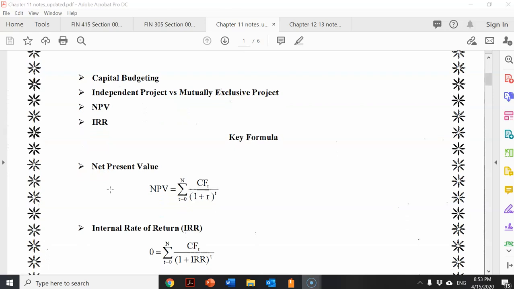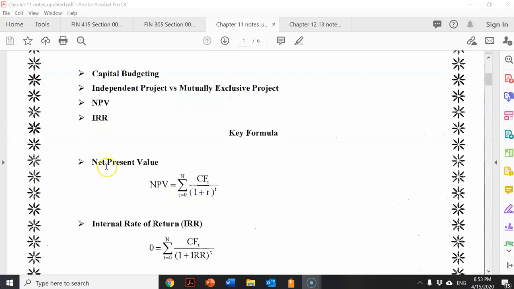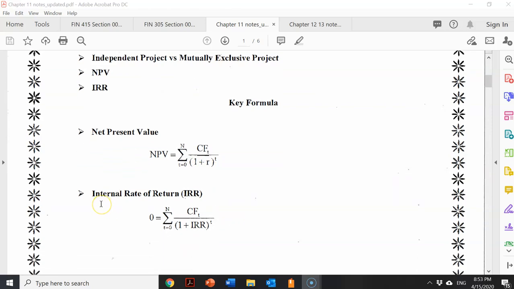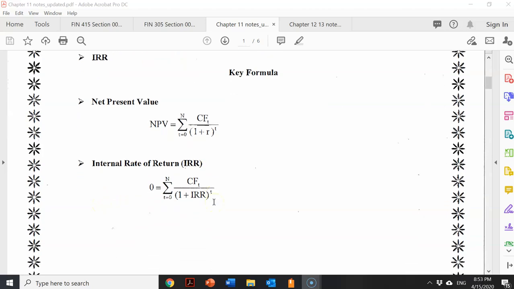And the key formulas would be the formula for net present value, NPV, which is equal to the discounted value of all the future cash flows of the firm or the project, discounted at the appropriate discount rate R. And the formula for internal rate of return, IRR, is when we set the NPV as 0, then the return is called IRR.